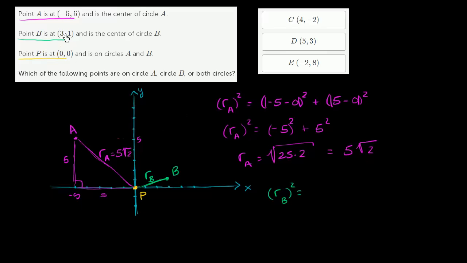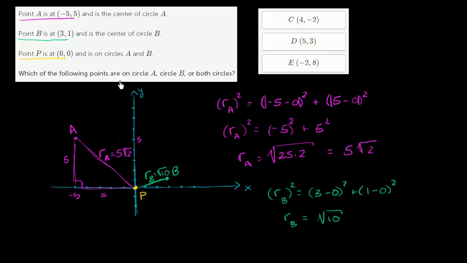So go from, we could write it as 3 minus 0 or 0 minus 3, but we'll just write it as 3 minus 0. 3 minus 0 squared plus 1 minus 0 squared, or the radius, or the distance between these 2 points, is equal to the square root of, let's see, this is 3 squared plus 1 squared, this is 9 plus 1, this is the square root of 10. The radius of B is the square root of 10.